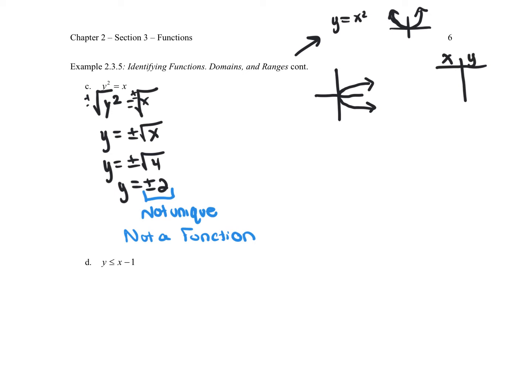We plugged in 4, and we got out plus and minus 2. So if I go 1, 2, 3, 4, here's positive 2, and here's negative 2. Square root of 0 is 0. So there's my sideways parabola, and you can see it's definitely not a function.